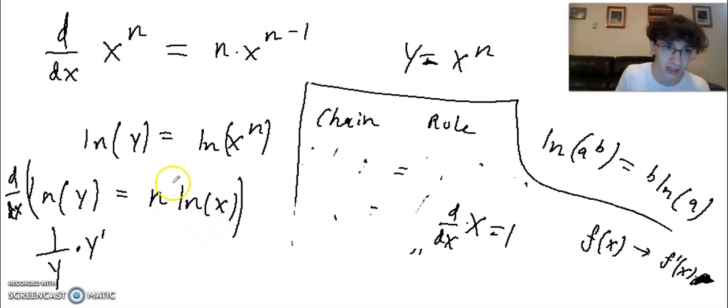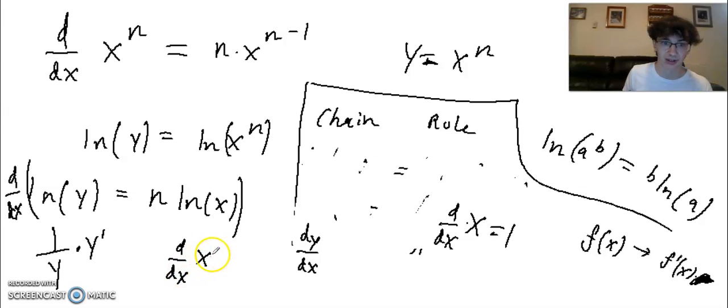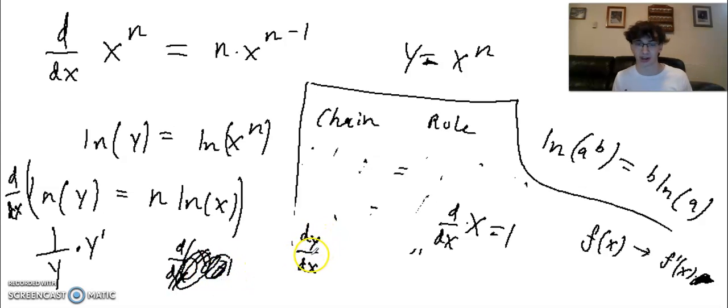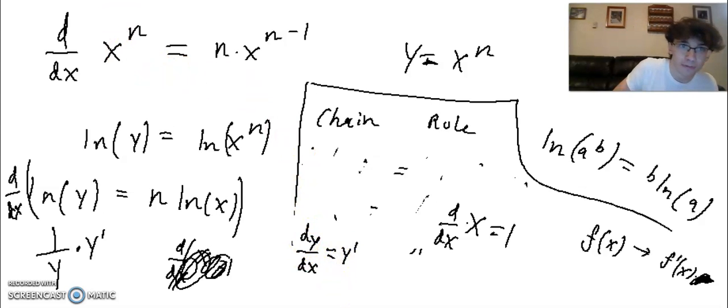It's actually going to turn out to be dy/dx. Now, if it was x with the derivative with respect to x, it would just end up canceling and we'd get 1. But in this case, we just get dy/dx, which is the derivative of y.